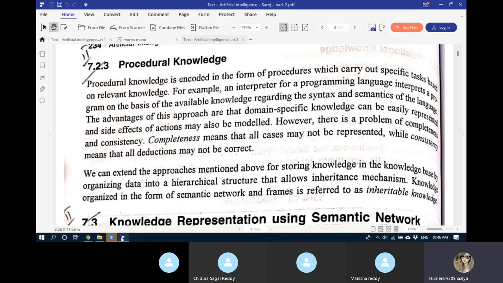Okay, and the advantage of this approach is that it is domain specific knowledge.